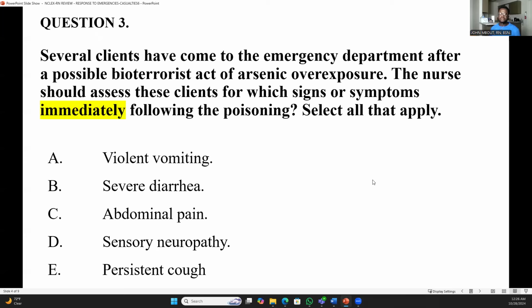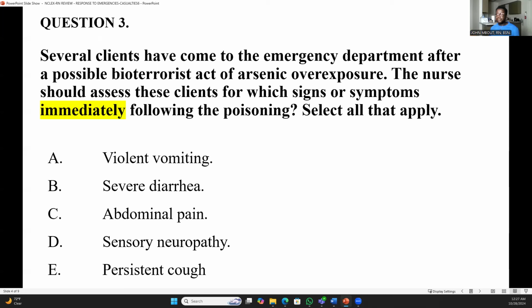The third question. Several clients have come to the emergency department after a possible bioterrorist act of arsenic overexposure. The nurse should assess the client for which signs or symptoms immediately following the poisoning. Select all that apply. This is a SATA question. A, violent vomiting. B, severe diarrhea.